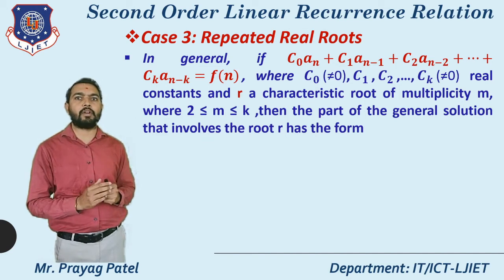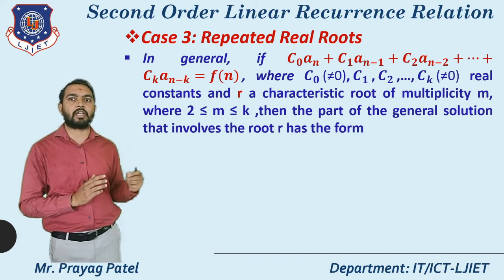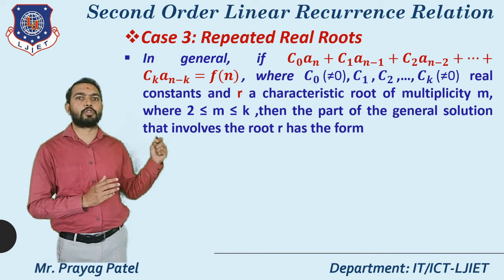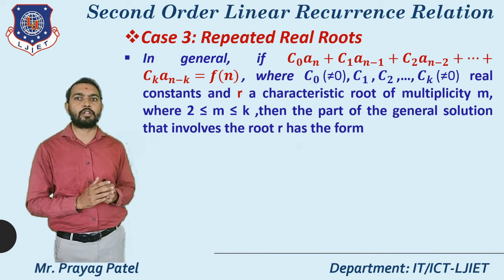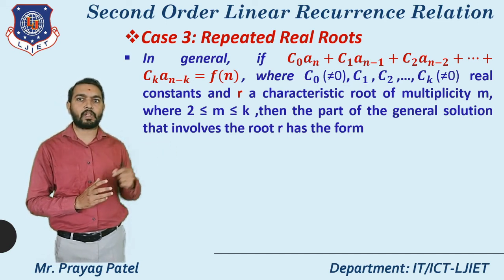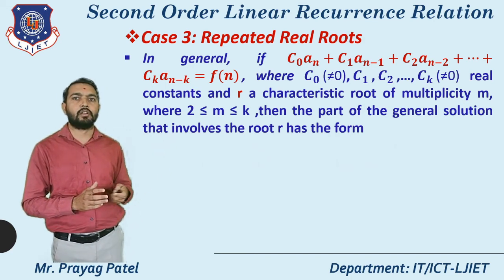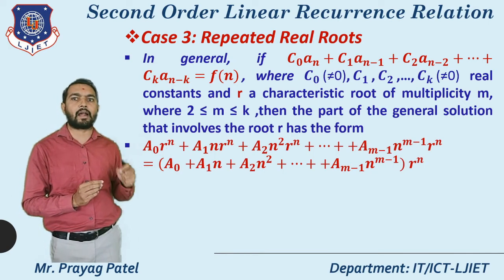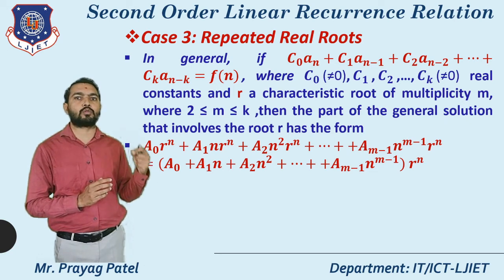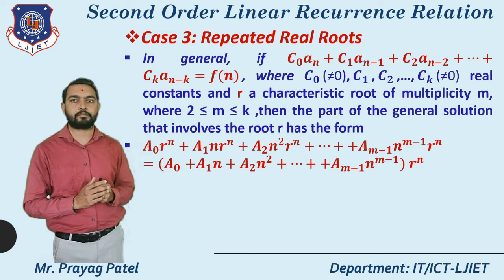So if C0 an plus C1 an minus 1 plus C2 an minus 2 up to Ck an minus k is equal to f of n, where C0 not equal to 0, and C1, C2 up to Ck are real constants, and R is a characteristic root of multiplicity m, where 2 less or equal to m less or equal to k, then the part of the general solution is represented like this: A0 r raised to n plus A1 n into r raised to n plus A2 n square r raised to n up to Am minus 1 n raised to m minus 1 r raised to n.